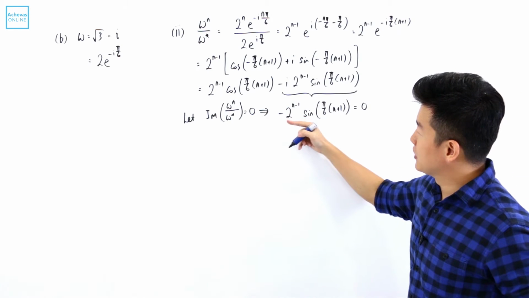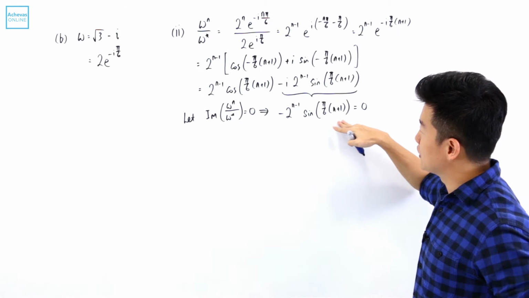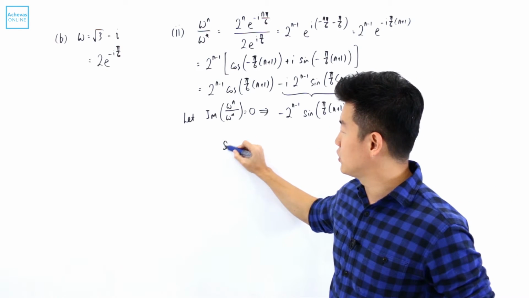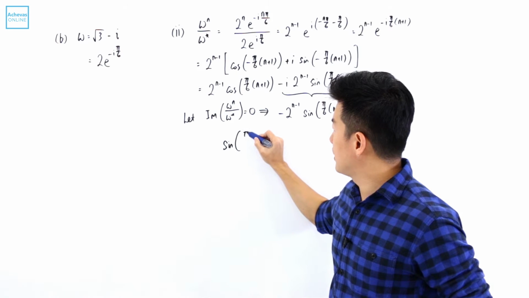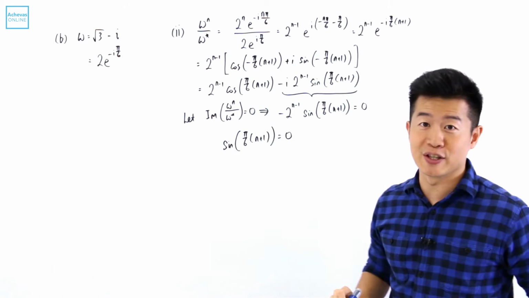This is definitely going to be negative. If I were to divide this over, what I'm going to be left with is just sine of the angle pi over 6 times n plus 1 equal to 0.